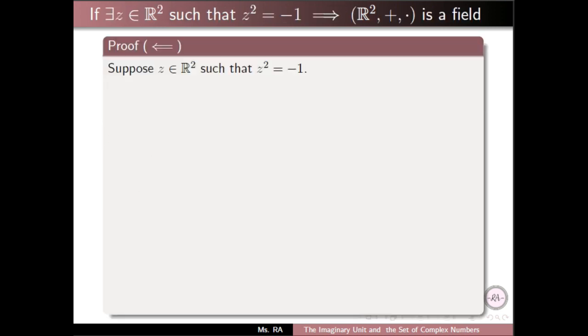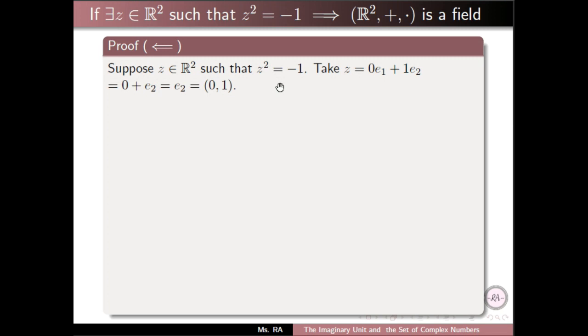Now we are going to prove the latter half, which states that if we have a z, this vector, which is an element of R2, such that z squared is equal to minus 1, then this ordered triple is a field. Okay, now suppose that z is in R2, and z squared is equal to minus 1.